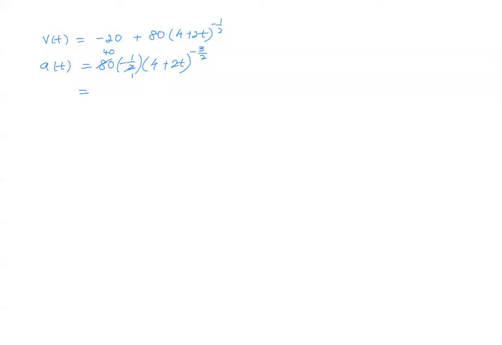So we get negative 40 over (4 plus 2t) to the power of 3/2.